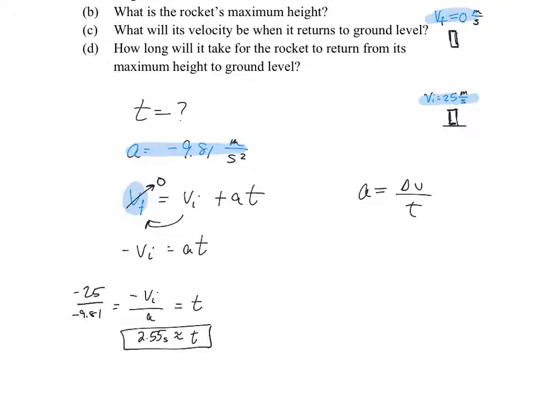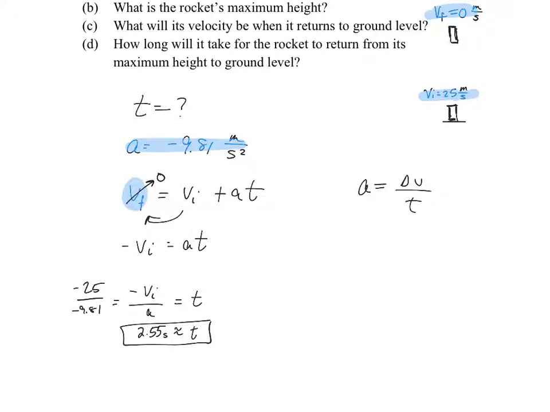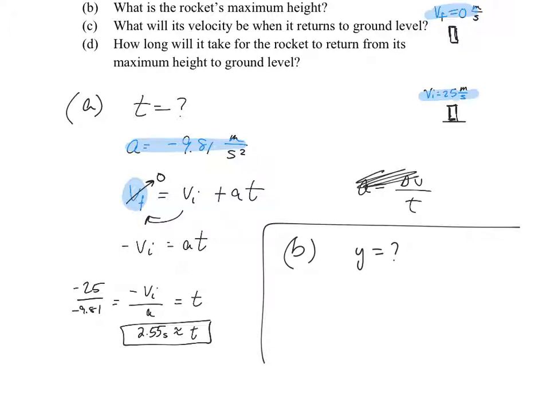So the question is, what is the Y value for part B? This is part A, and Part B we'll do over here. What is the Y value is the question. We didn't have to use this, so let's just cross it off so it doesn't confuse us. What is the height? Formulas. 2 options. Which one should I use? Katie, which one do you think?